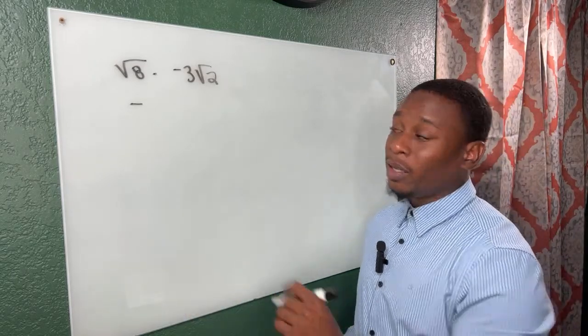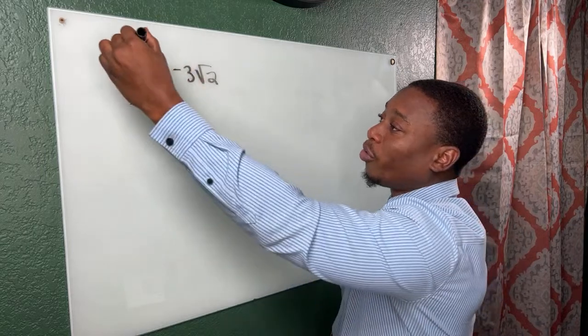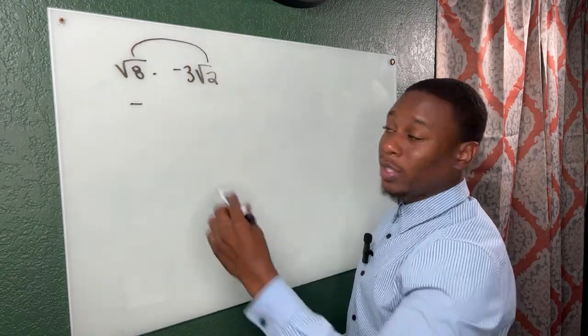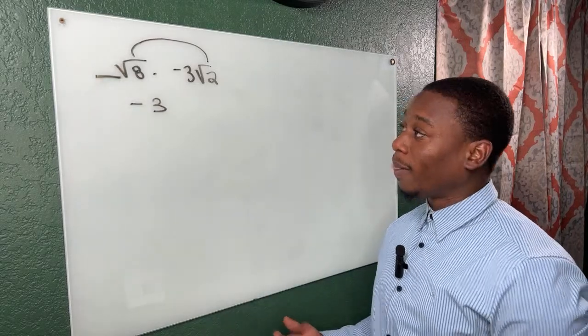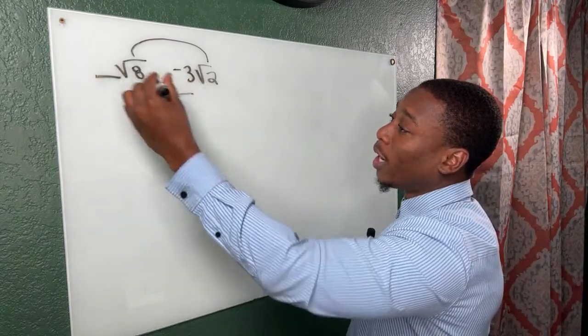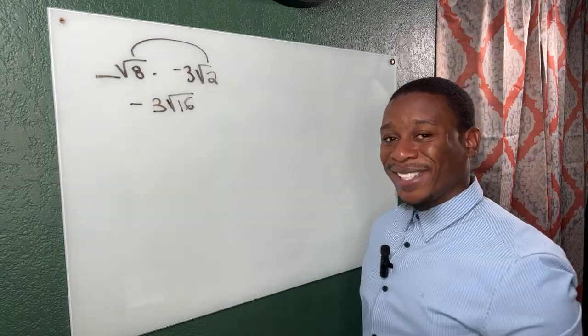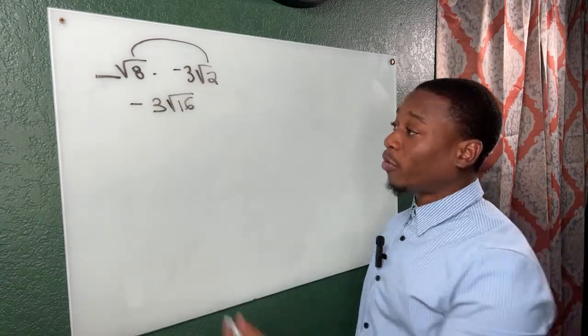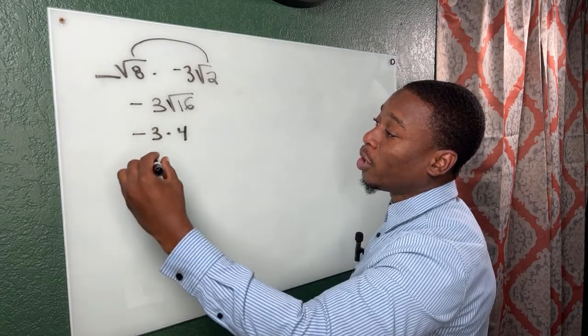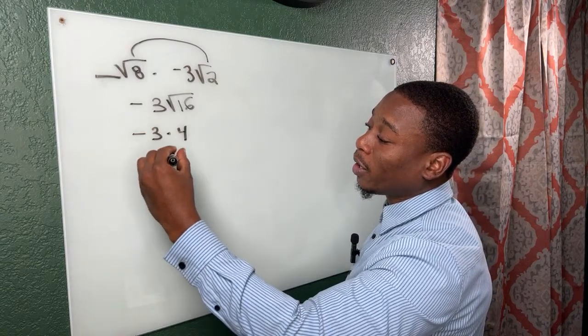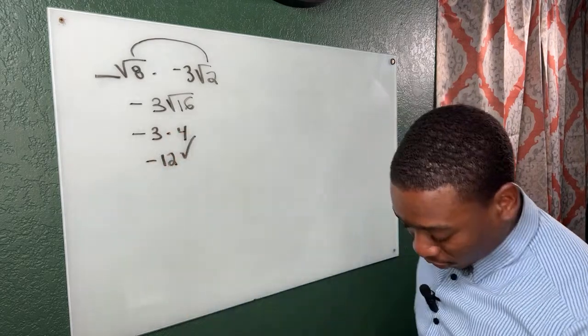So what do I mean? When we multiply this together, we're really only multiplying the radicals. Negative 3 stays the same because there's no number in front of the first radical. So we have negative 3 times radical 16. Now radical 16 is a perfect square. So when we break this down, it turns into negative 3 times 4, which is going to be negative 12. And that is our final answer.